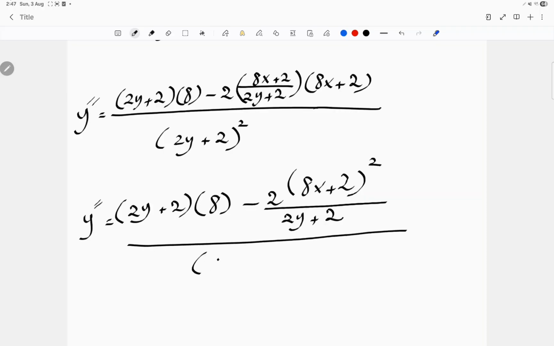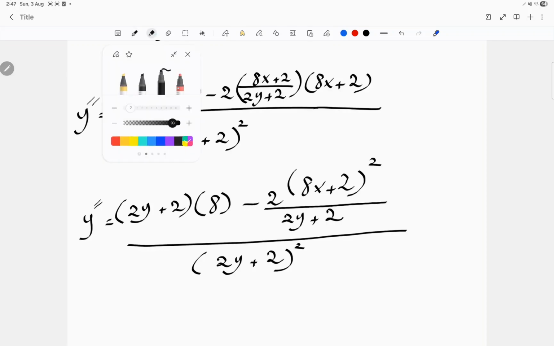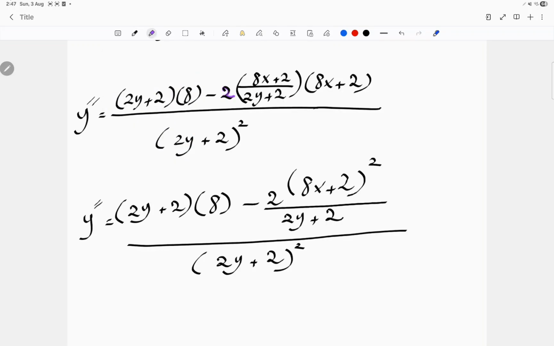The whole thing is over 2y plus 2 squared. What happened is I multiplied the 2 here. Now, what's the bottom of this one here?